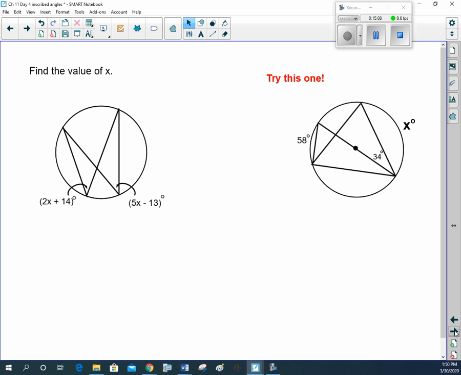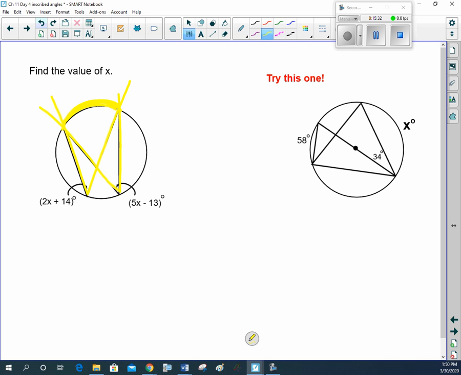Okay, so using the theorem that we just talked about, we want to figure out what x is. I'm looking at this, and I see that this inscribed angle intercepts this given arc, and then this other inscribed angle intercepts the exact same arc.